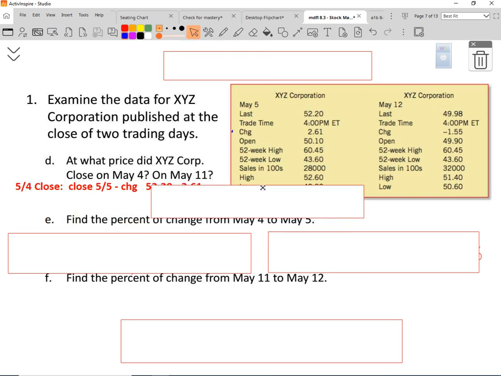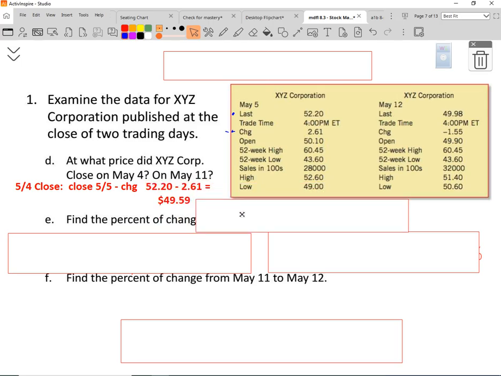So the close on May 4th is going to be the close on May 5th minus the change. So the close here is last minus the change. So the previous day's close, 52.20 minus 2.61.